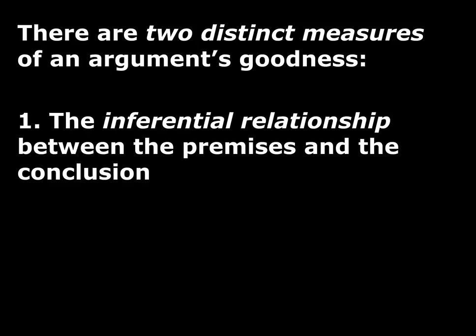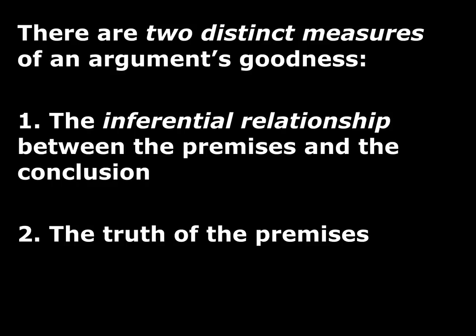The first is what we can call for now the inferential relationship between the premises and the conclusion. And I'm going to expand on that in just a minute. The second is the truth of the premises, whether the premises are all true or they're not all true. Let's talk about these one after the other.